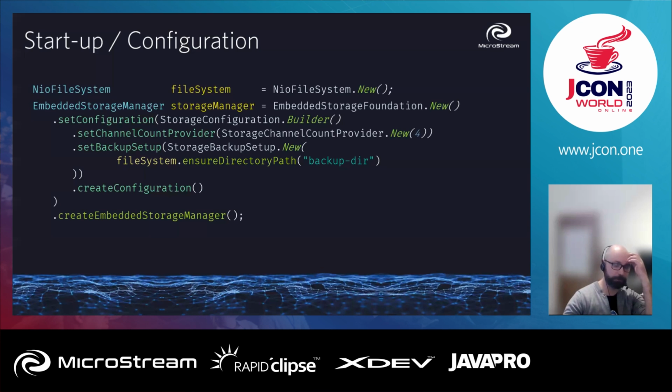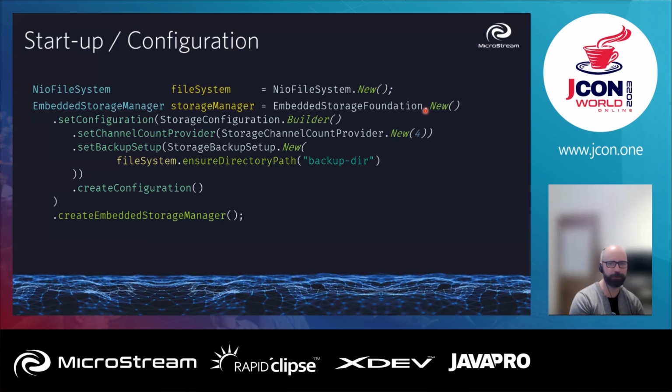So to achieve a more detailed customization, we have various methods. The most low-level one would be the embedded storage foundations. It's a factory type and holds and creates on demand all the parts that form the embedded storage manager. It's a builder pattern style configuration where all aspects of the storage engine can be customized.